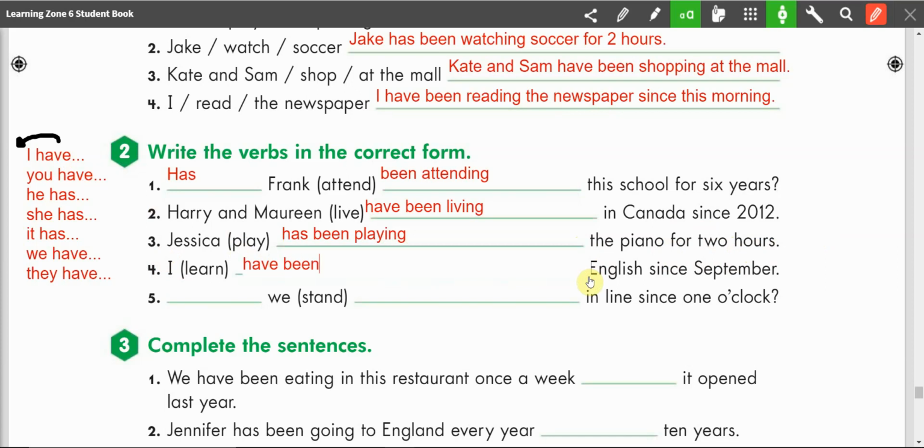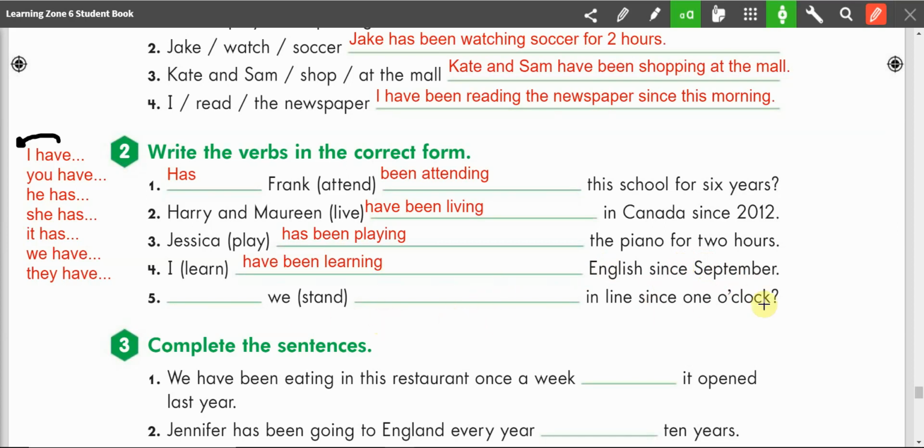So I have been learning English since September. So September is when I started, and we don't know exactly what time this sentence takes place, so we don't know the quantity. We only know the point, since September.